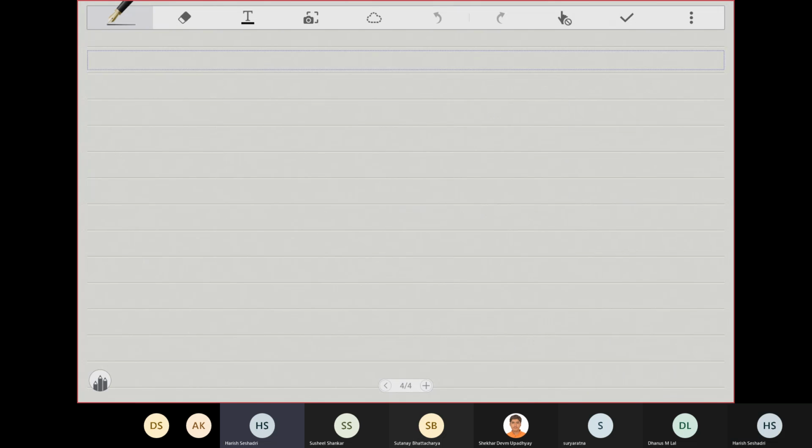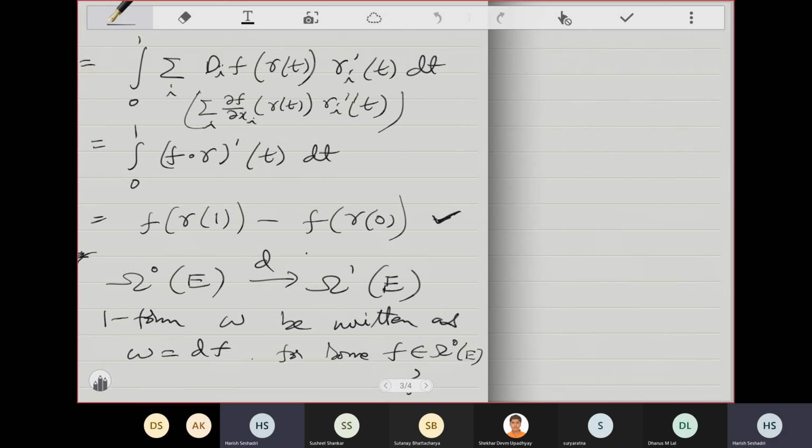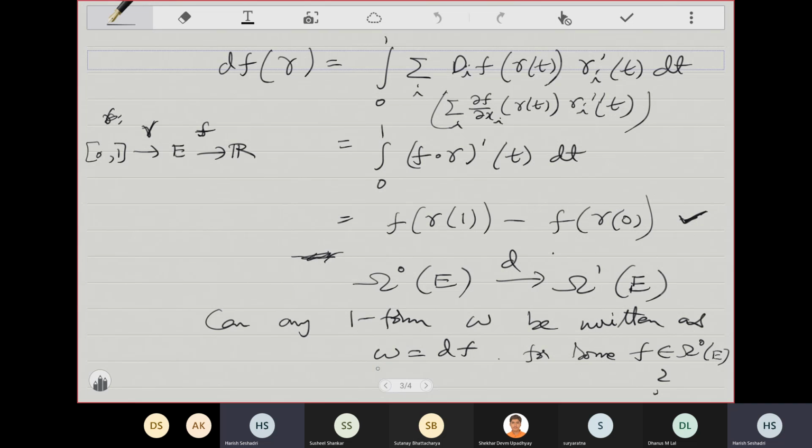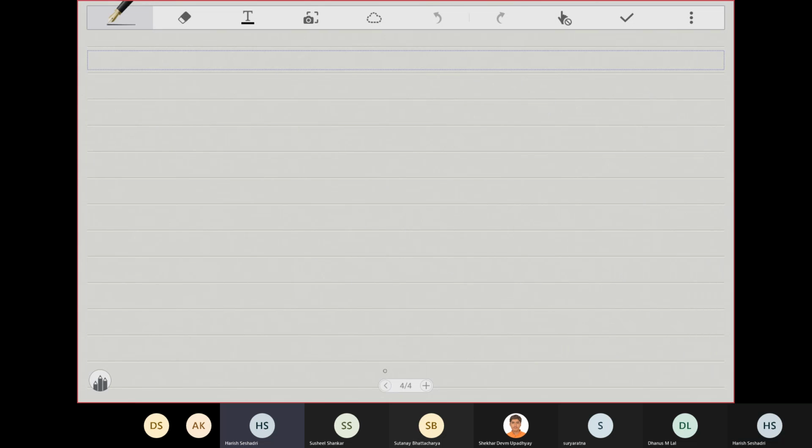And the answer is, well, definitely no. Whatever E is, with an additional condition, it will turn out to depend very much on E. In fact, it depends on what is called the topology of E. But in this generality, not putting any conditions on omega, whatever E is, you can always find some omega which will not. So an example is omega equal to x dy.